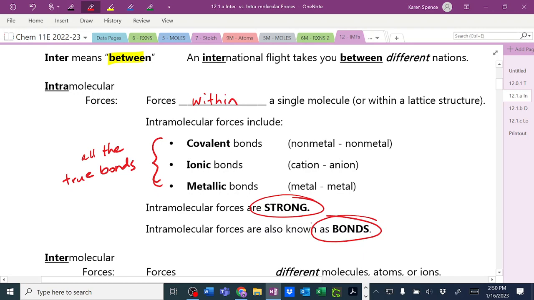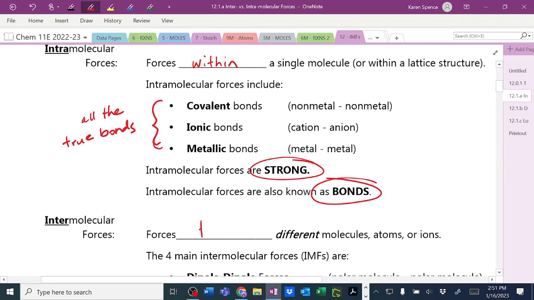Now your intermolecular forces are forces between different molecules, and we have talked about them before, but we have not given them specific names. There are 4 main types. There are other types as well, 2 other types. We may or may not get to those at all.